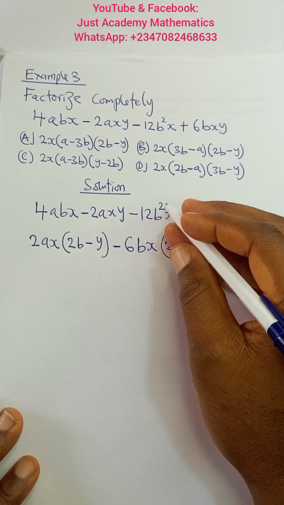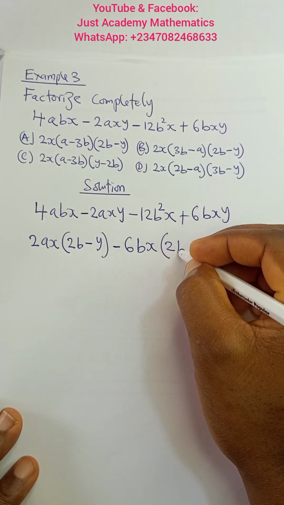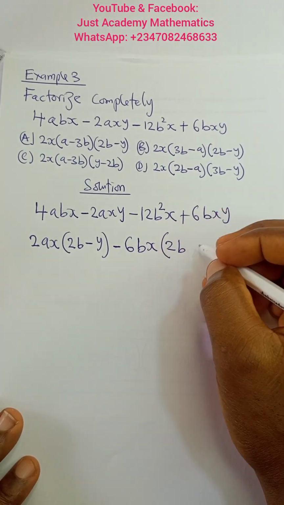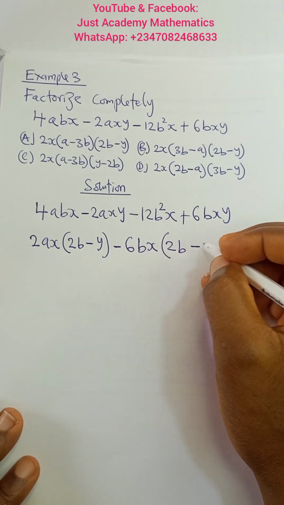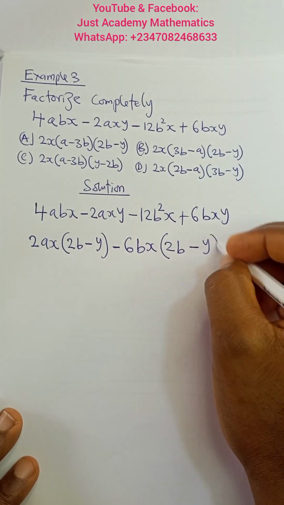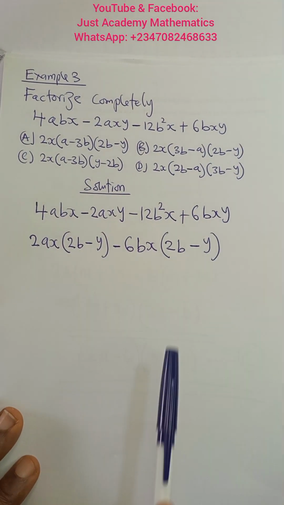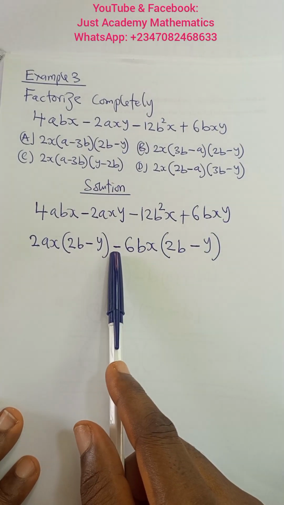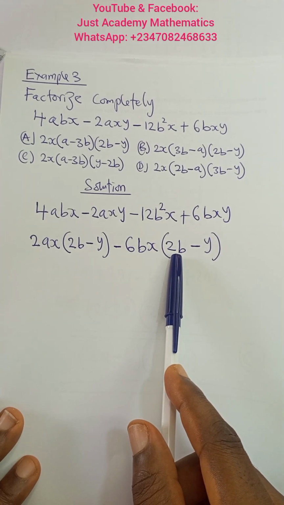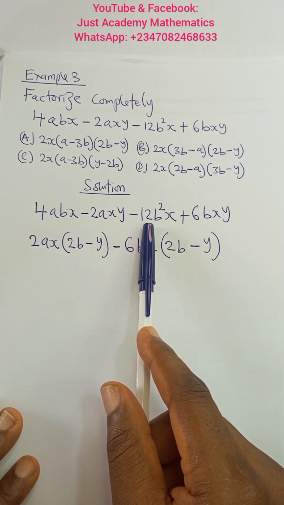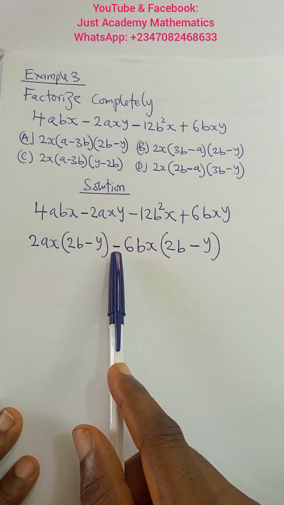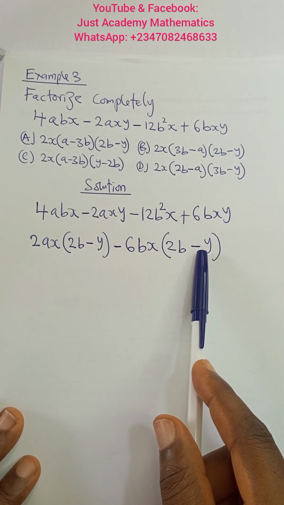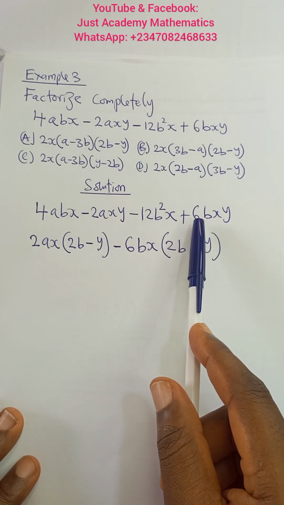Then b is out, b squared is there, so b remains. x is already out. Then minus 6bx is out and y will remain. Can you see that? If you open the bracket, you will get back to this. Minus 6bx times 2b will give you minus 12b squared x. Minus 6bx times minus y will give you plus 6bxy.